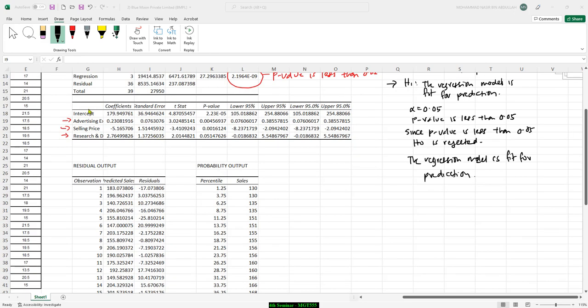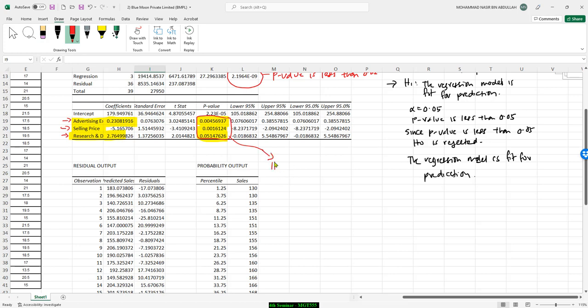So for the coefficient table, we're going to look at advertising expenditure, selling price, and research and development. We are focusing on the p-value. So we do it one by one. The first one is advertising expenditure.